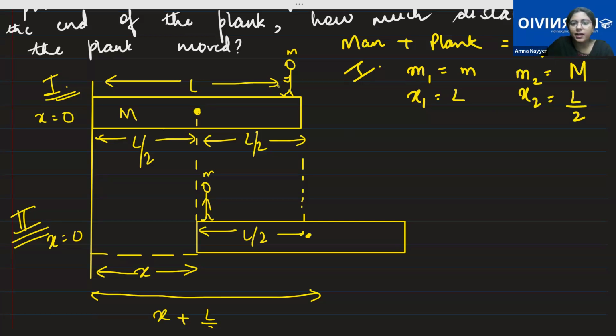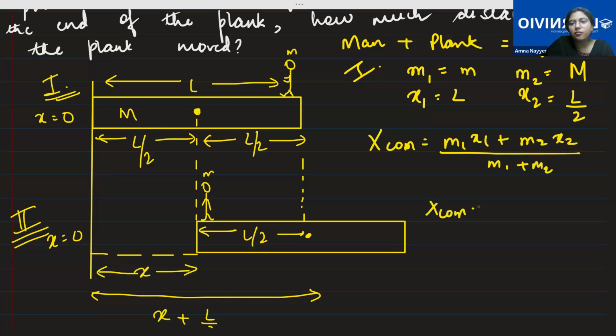So the center of mass formula is m1 x1 plus m2 x2 divided by m1 plus m2. So the center of mass will be m into L plus ML by 2 divided by small m plus capital M. Let's leave it. Let's come to the second case when the man has shifted towards the edge.